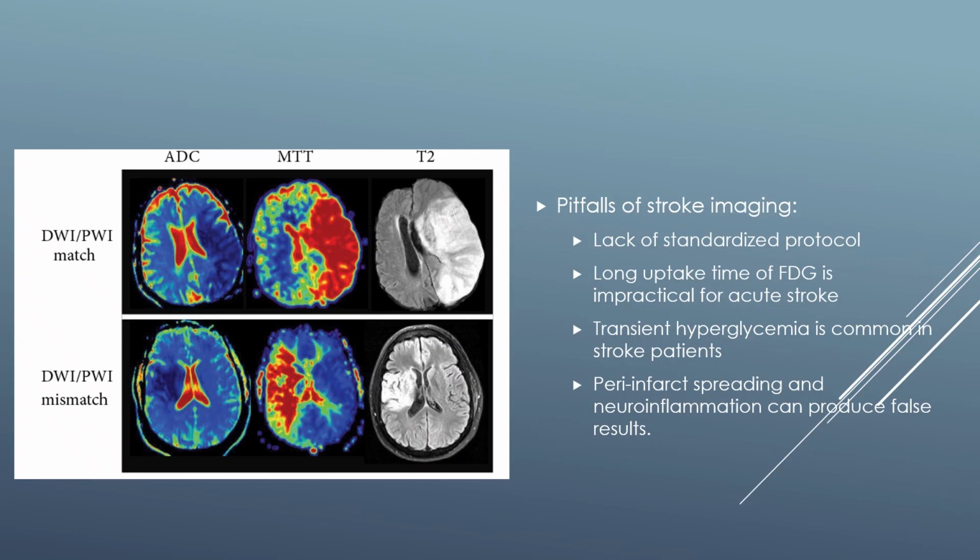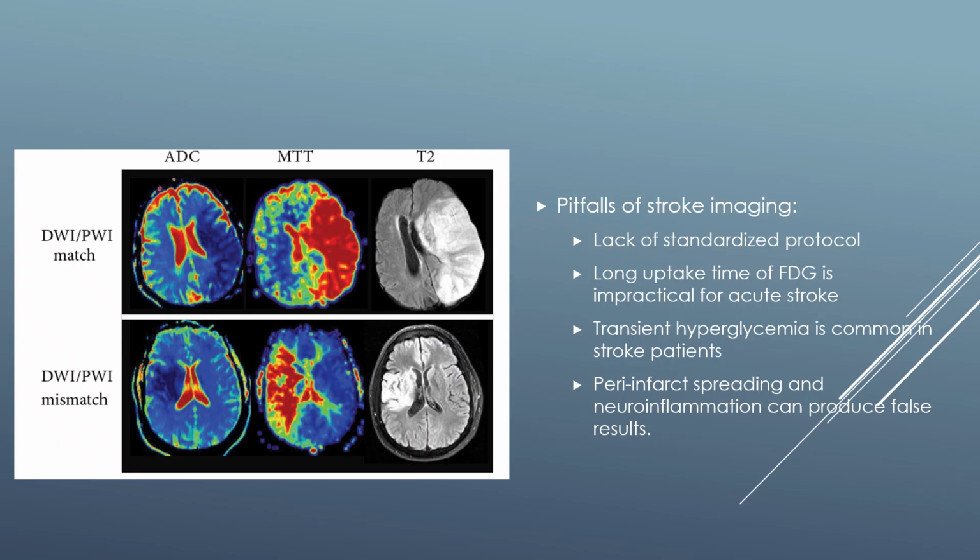So a big pitfall for FDG is that the area of the stroke will have decreased perfusion and metabolism, but then there is also transient hyperglycemia where it might take up more all of a sudden. And then also localized inflammation will increase uptake in that area.